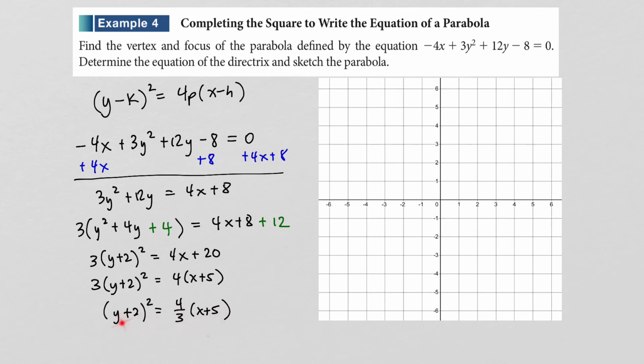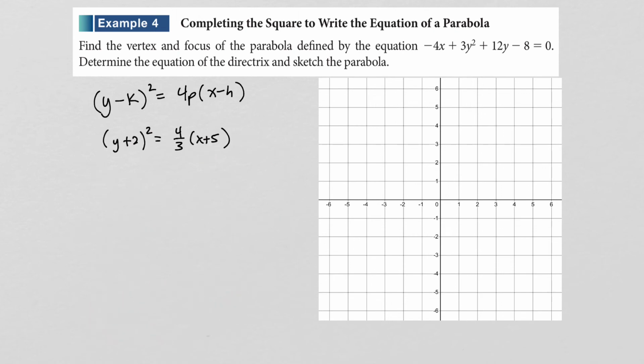Now from this equation, we need to extract the values of k, h, and p. So let me clear out some of this here, and we can focus on this equation. You can see that k is just the opposite of this number here. So that means that k is equal to -2. You can see that h is the opposite of this number here, so that's h equals -5.